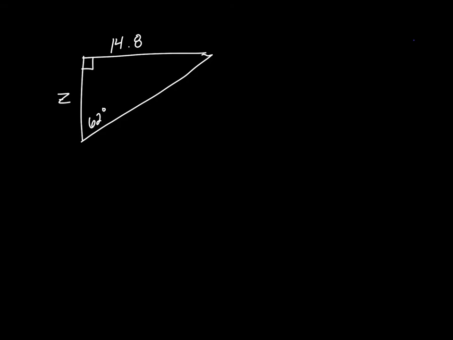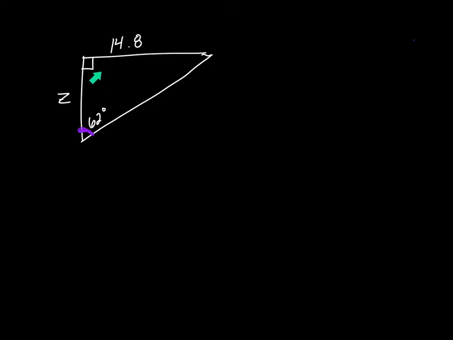All right, so looking at the next example here, let's talk about what we have in relationship to this angle of 62. The side that is closest, right here, is the adjacent side. This is the opposite side.